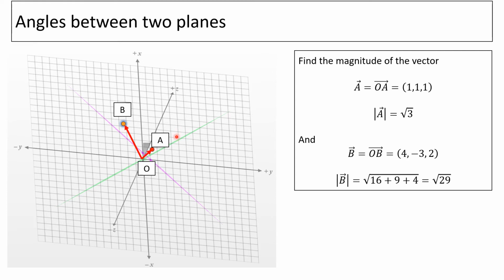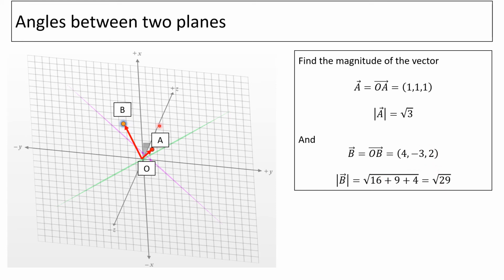If you look at the figure on the left, we have two points, one in red, which we call A. A is 1 1 1, the point on top of the plane x plus y plus z in purple. We call the point on top of the other plane B, and B is 4 minus 3 2.